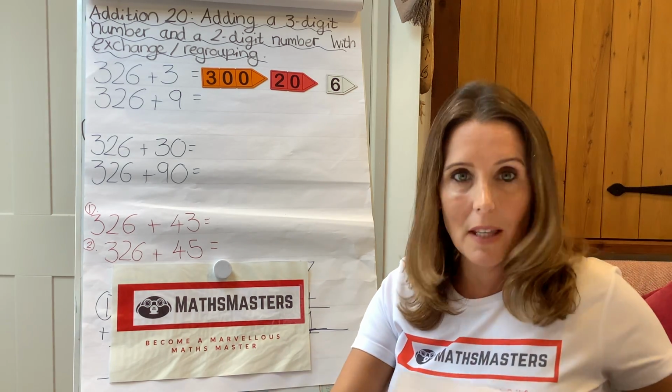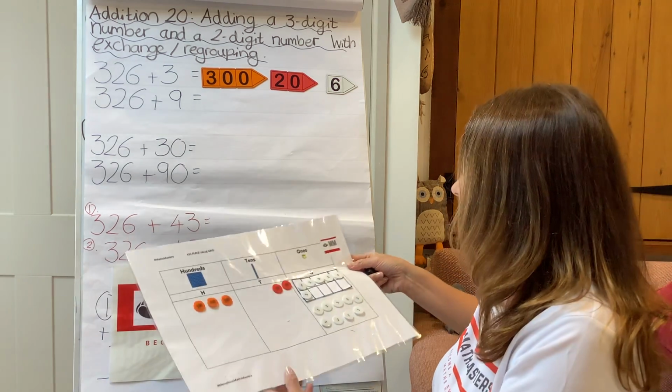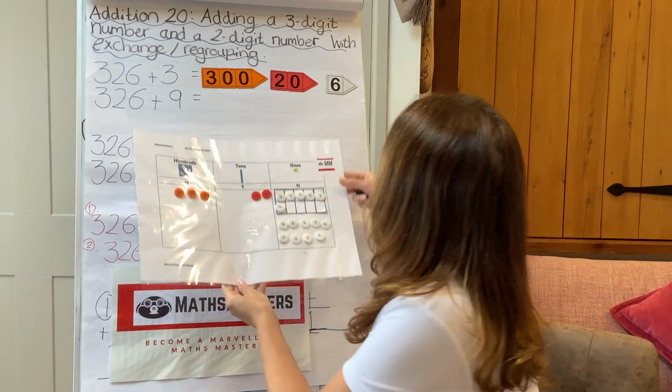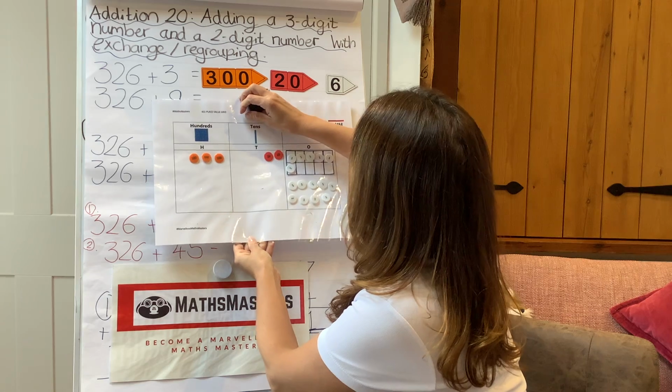So we can see this using the place value grid, the KS1 Place Value Grid.